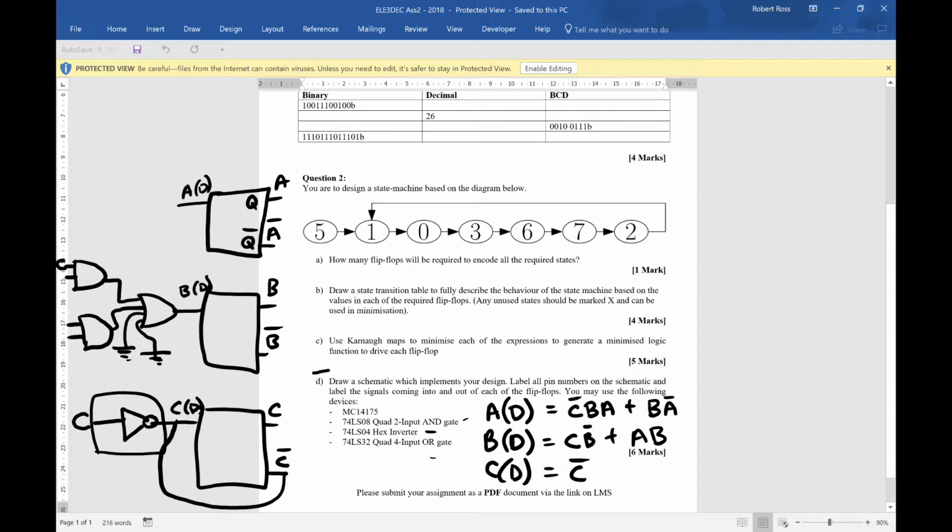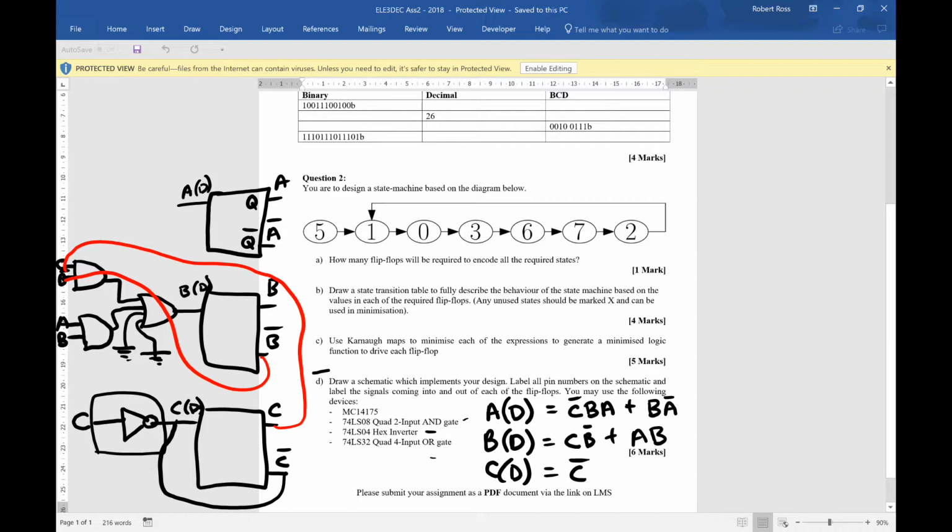We can say that's C, not B, and that's A, B. And so those signals, we could draw them in physically. This one, I'll do it in a different color so it's more obvious. This one traces all the way back to there. This one traces all the way back to there. It starts getting a bit messy. So I'm happy with labels to specify. The labels are much easier to read anyway.